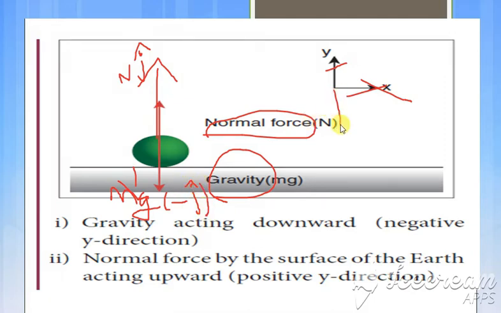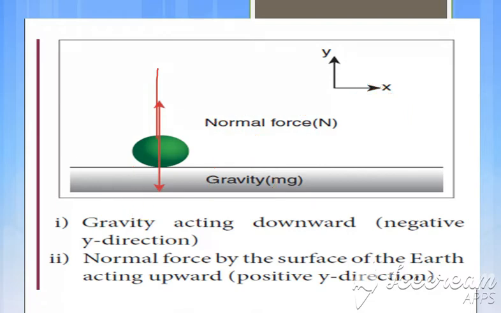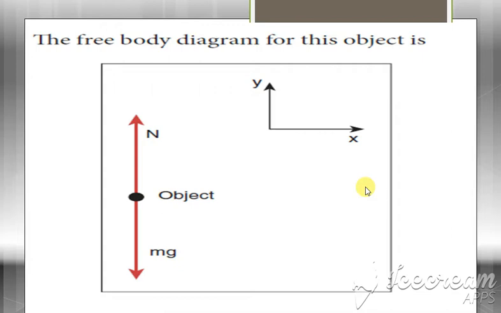So in the downward direction it is minus mg j cap. Then if you are going to write this equation, you will get it from the free body diagram: object, normal, and mg.